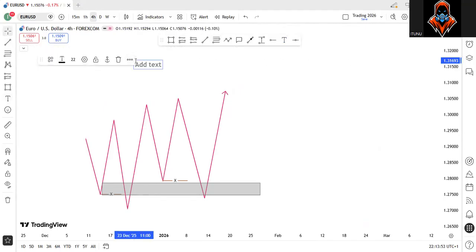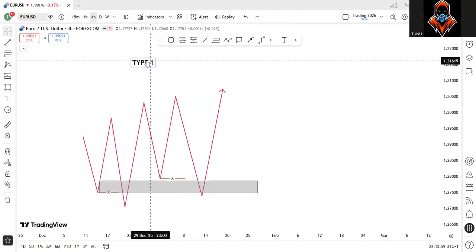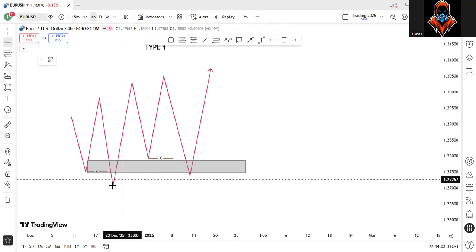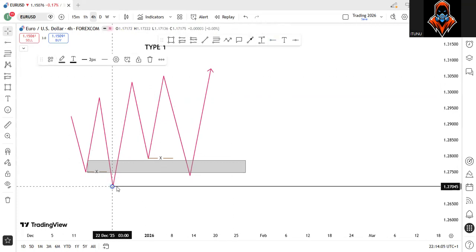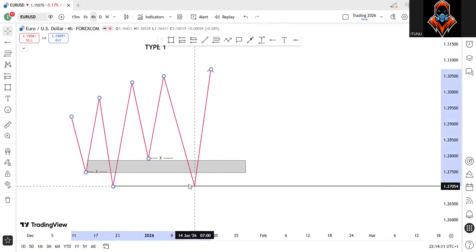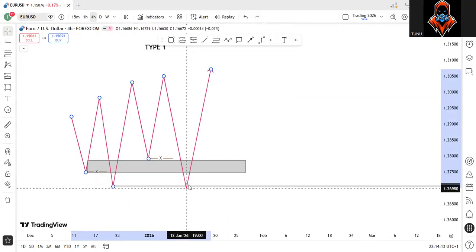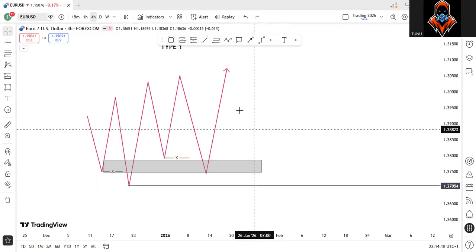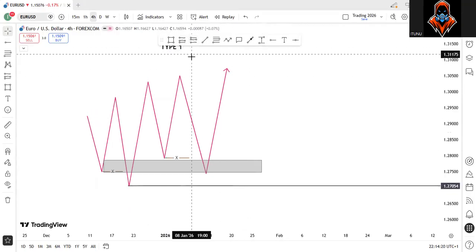In the type 1 setup, this is considered our protected low. Why this is called protected low is because we do not expect price to take out this level, and this is the level where our stop loss is going to be placed.